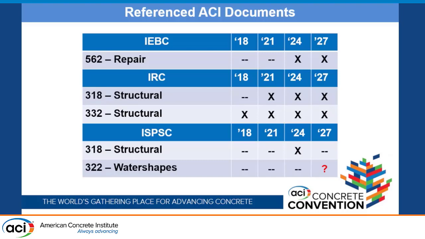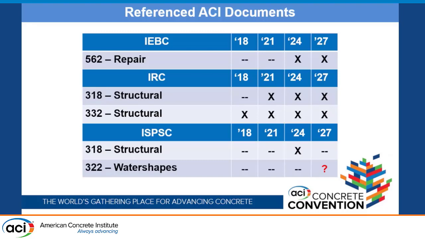The model code is developed on a 3-year cycle. Then the local jurisdictions need to adopt the model code. They typically do that with amendments before it becomes the law. So as I mentioned earlier about every state being different, one state could be using a code that's based on the 2012 IBC, which is referencing ACI 318-08 or 09 or 11.